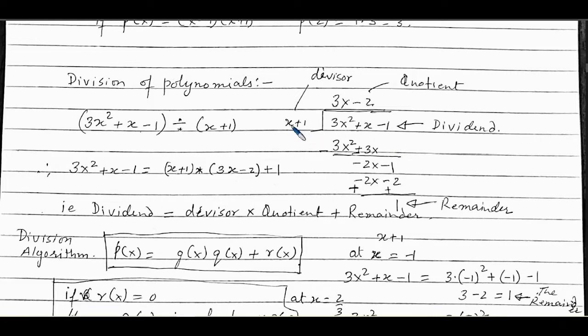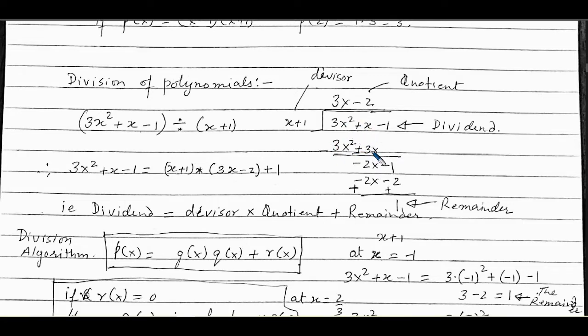So x plus 1: I have to remove this 3x squared, so I multiply x by 3x to get 3x squared here. This is remaining, so again I multiply by 3x. Now I can eliminate this 3x squared by subtracting.